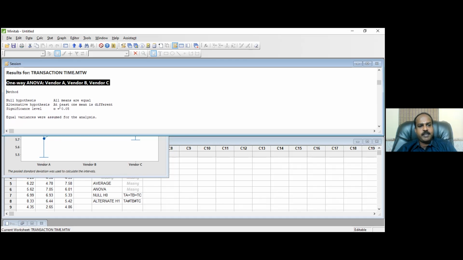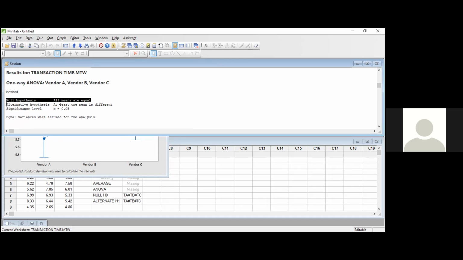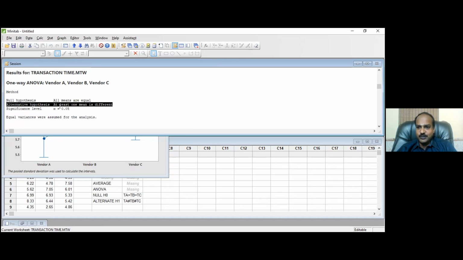One-way ANOVA method. Null hypothesis. What is the null hypothesis? All means are equal. Alternate hypothesis: at least one mean is different. Clear? That is the inequality, isn't it? And now the significance level, alpha equal to 0.05. How did Minitab know alpha equal to 0.05?